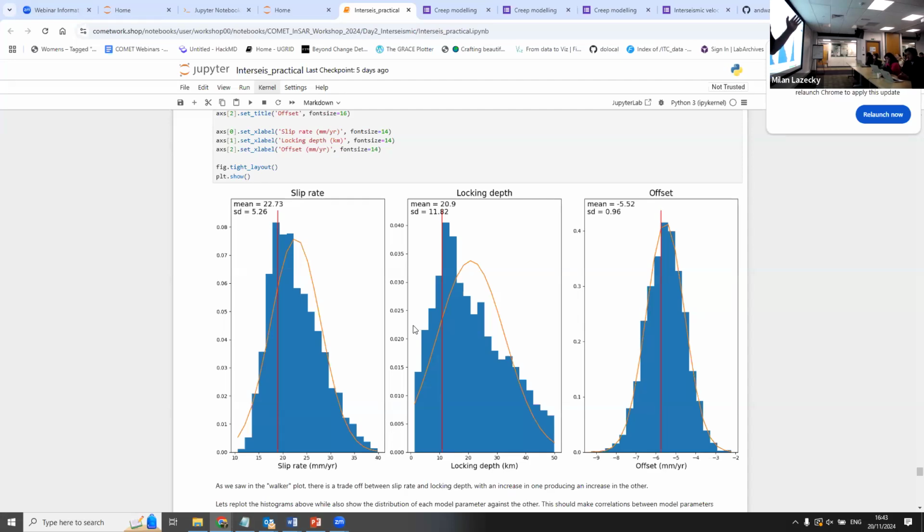So this will cause the sampling to be asymmetric, and then cause a non-Gaussian distribution in the results. That's one possible reason. Another reason may be just the noise in the velocities.